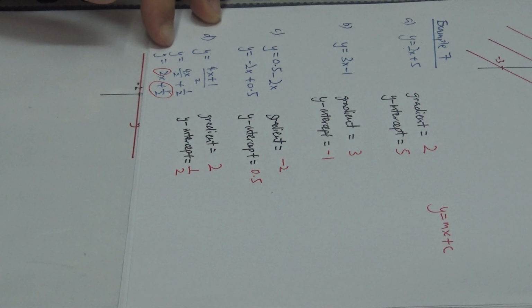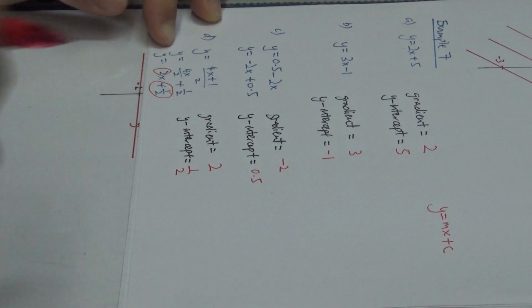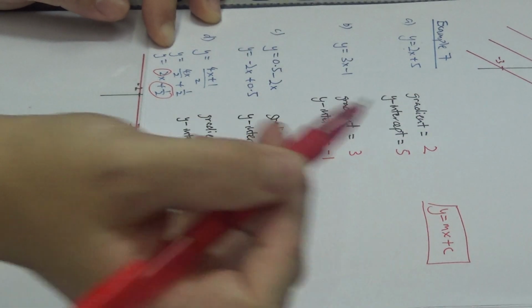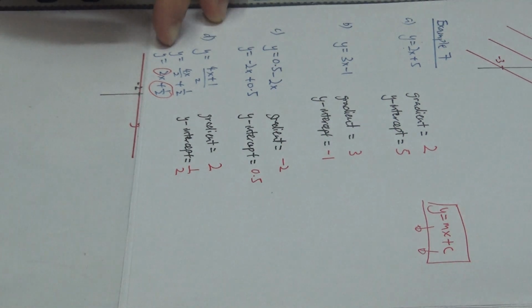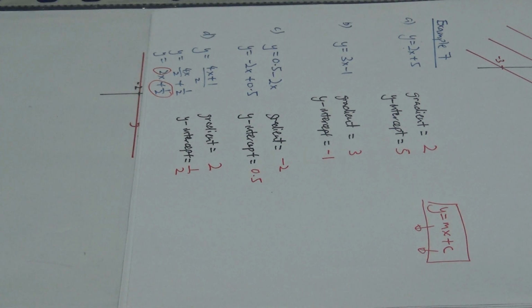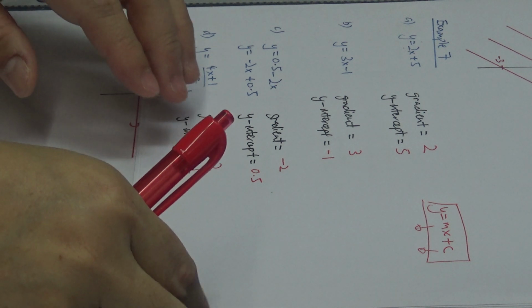So that's how we get the answer to example 7. We always base on the equation y equals mx plus c, where m is the gradient and c is the y-intercept that we have. Alright, that will complete our example 7.